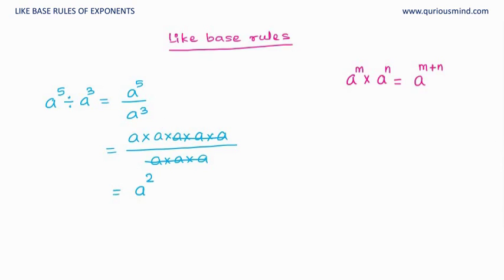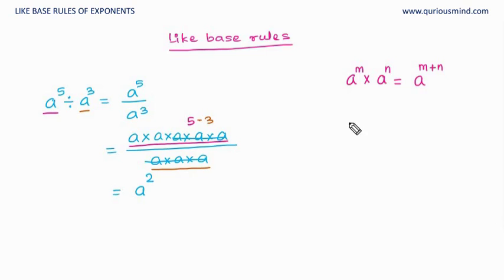Again, if you see here what I have done, a raised to 5, we have written it here. Then we have written divided by a raised to 3. And from these 5 a's, we have cut the 3 a's. We have subtracted 3 a's because they are common. And what remains is 2 a's, a square.